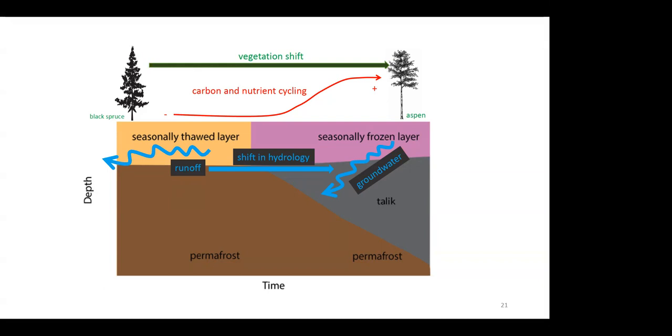I would imagine that when they initially refreeze, it would probably be aerobic just because of the exposure to the atmosphere. But is there potential that the seasonally frozen layer could form a barrier to oxygen and it could become anaerobic? What sort of temperature is there in the talik? Is there potentially enough microbial activity that it could consume the oxygen and become anaerobic?